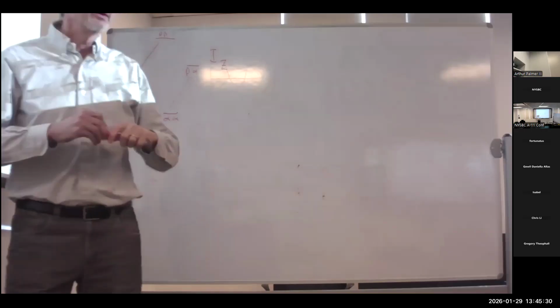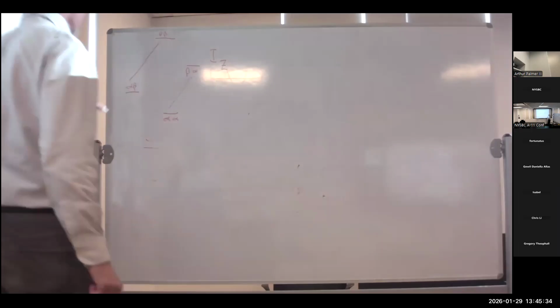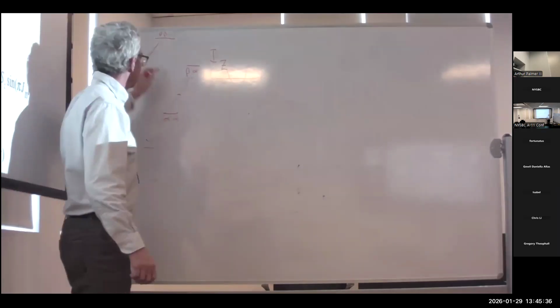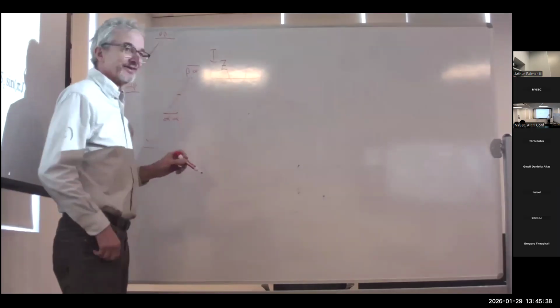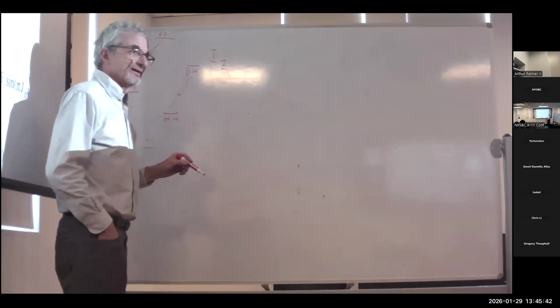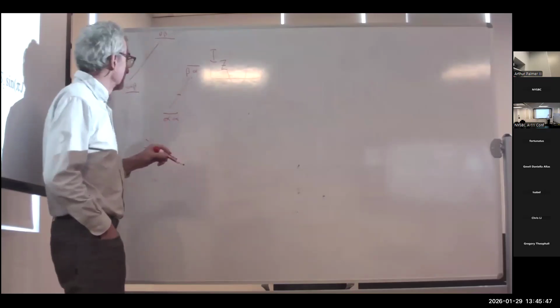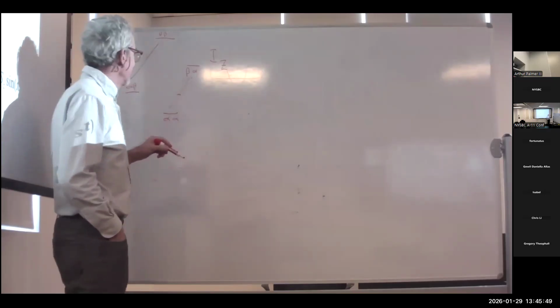And the scalar coupling means that these two transitions have different energy. In the absence of the coupling, they would have the same energies. But in the presence of the coupling, they have different energies.